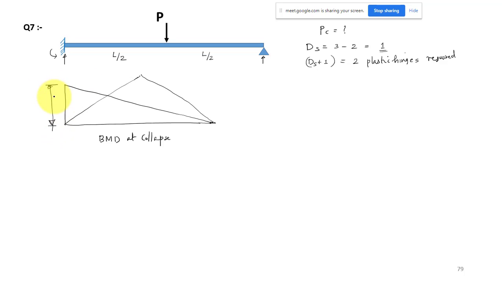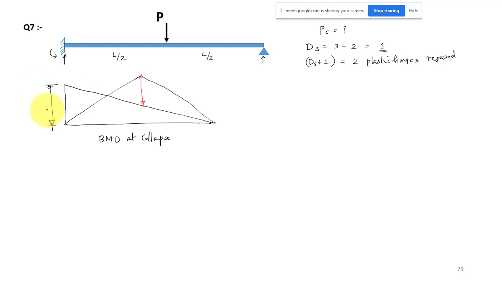One thing is clear from this moment diagram: one peak value you can expect at the fixed support, and another peak value somewhere in the span, maybe here. These are the two critical sections where you can expect a maximum value. Whichever is maximum, you can compare the values from the moment diagram, and let us assume the fixed end has the maximum moment.